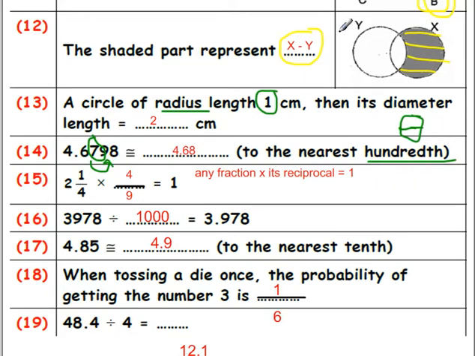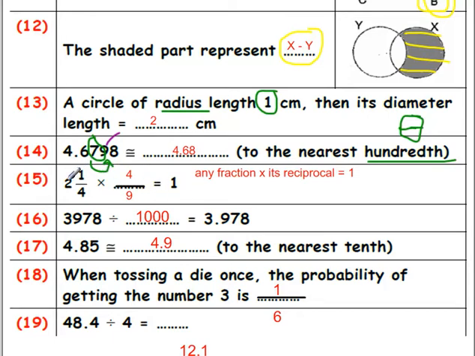Ask 9, are you rich or poor? I am rich. So 9 will increase 7 by 1 to be 8. So the final result will be 4.68.